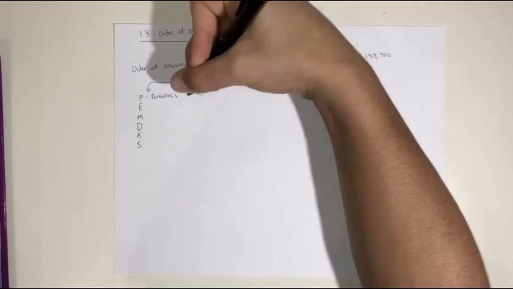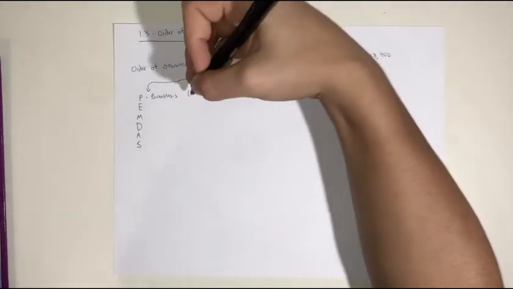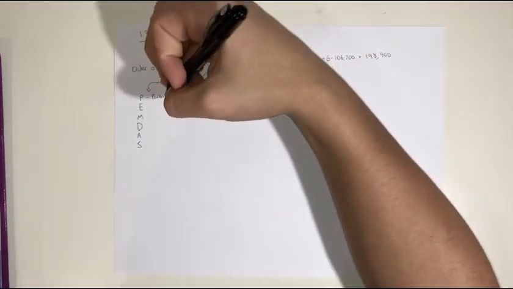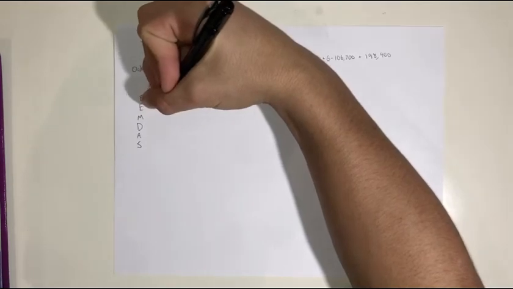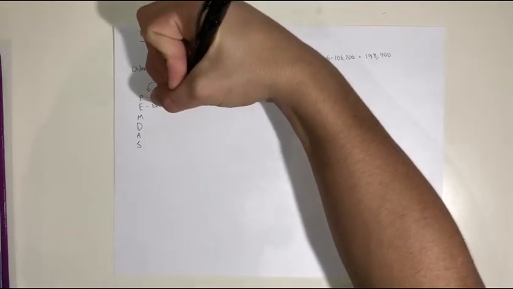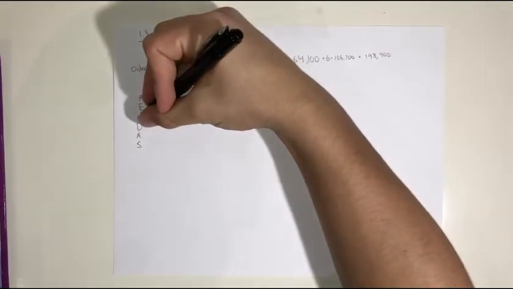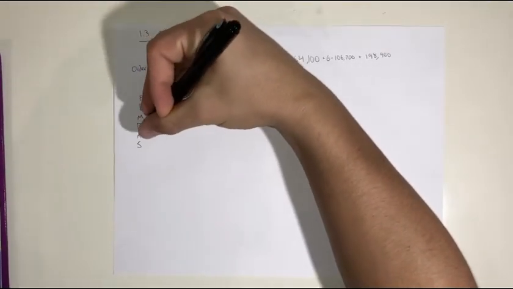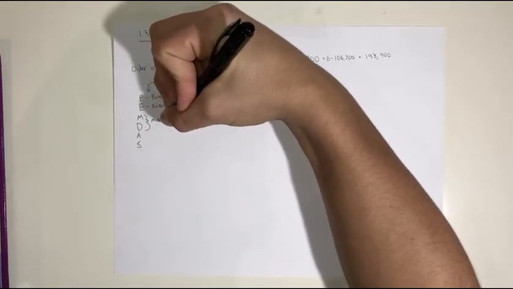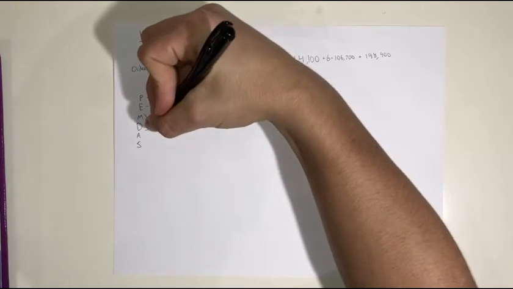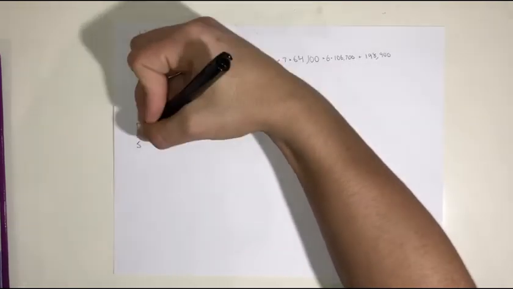You would do this before you add the 5 that's outside. Then exponents, so any power you may have, which we learned last lesson in lesson 1.2. Then multiplication and division, which are grouped together, and then addition and subtraction, grouped together.